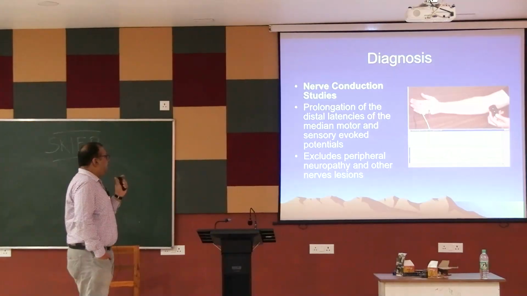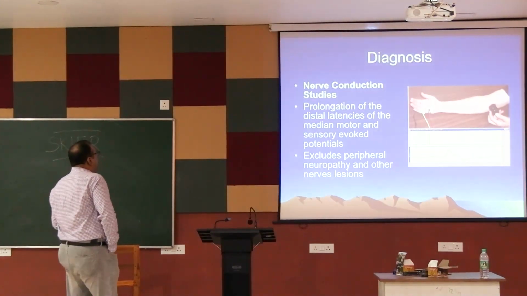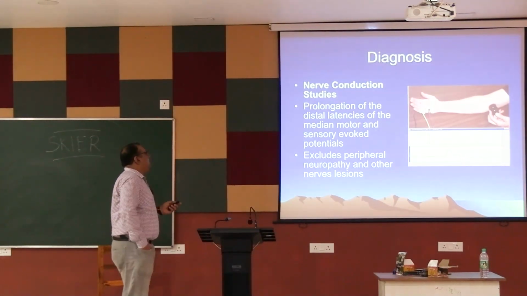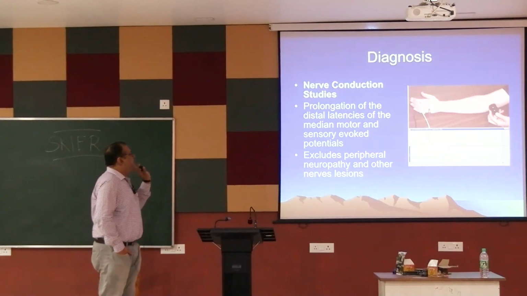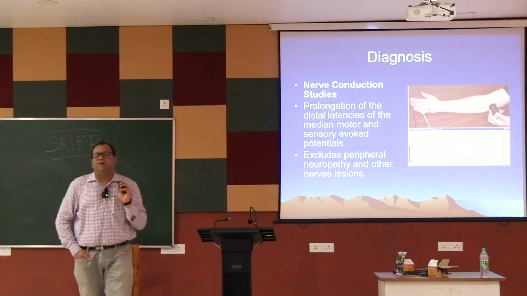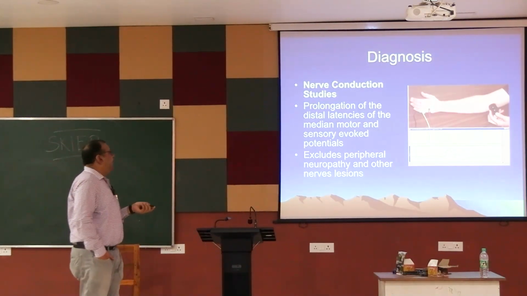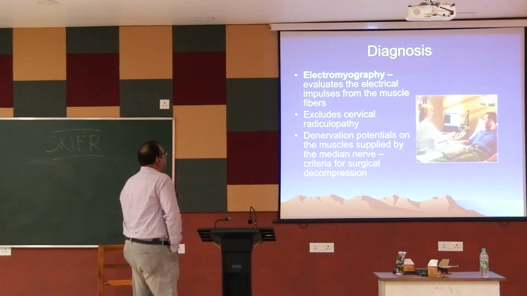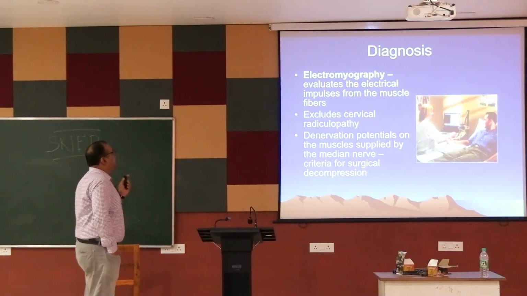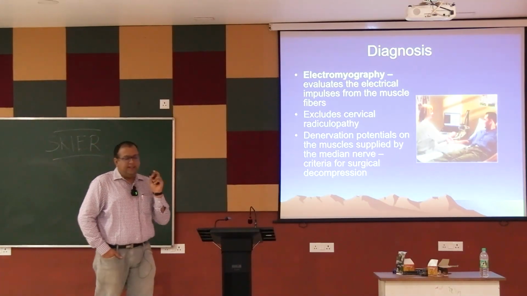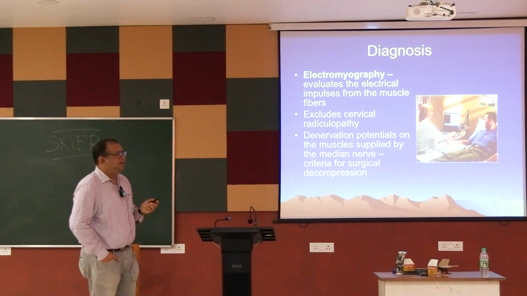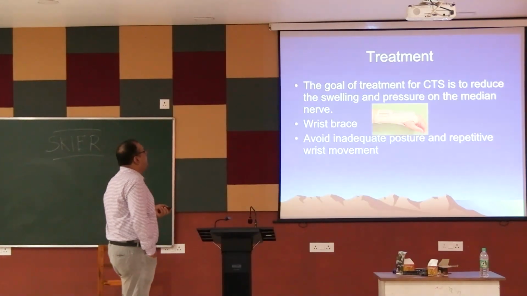NCV, EMG test, nerve conduction studies, and it shows prolongation of the distal latencies. No need to know that. Just write down nerve conduction studies or nerve conduction velocity, NCV. NCV test needs to be done. EMG is electromyography, which evaluates the electrical impulses from the muscle fibers. Just write these two names, NCV and EMG, should be done of that affected part.